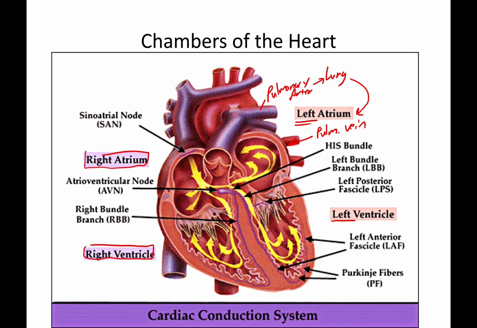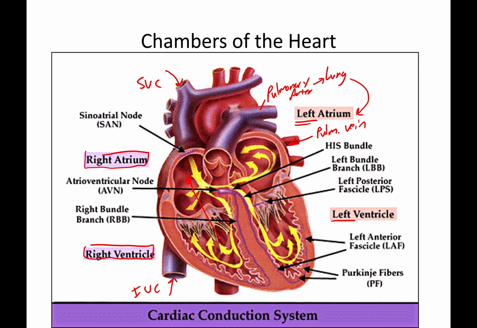So what's the path of blood flow from the body? Well, it will come either this direction through the superior vena cava, or it will come from the bottom half, which is your inferior vena cava. Both of those will feed here into the right atrium.